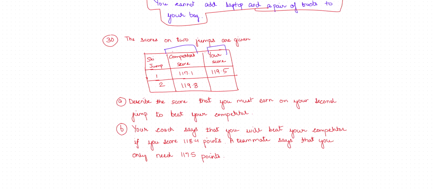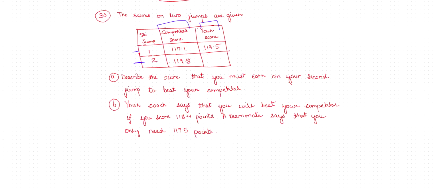This is the jump one score and this is the jump two score. Your coach says that you will beat your competitor if you score 118.4 points, and your teammate says that you only need 117.5 points. So who is correct? Let's do this question.